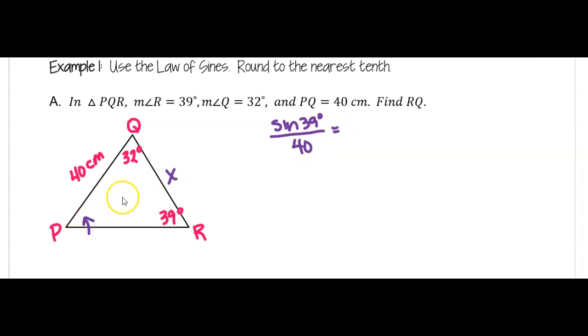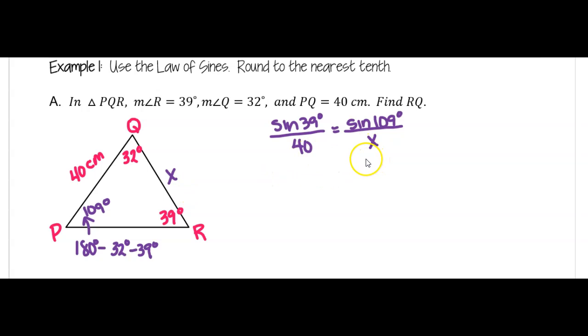But we can easily find this angle since we know the other two, and we know there's 180 degrees in a triangle, so we can subtract off the 32 degrees and the 39 degrees. We're going to find out that this angle is 109 degrees. So this is going to be equal to the ratio sine of 109 degrees divided by X, the side that we don't know.